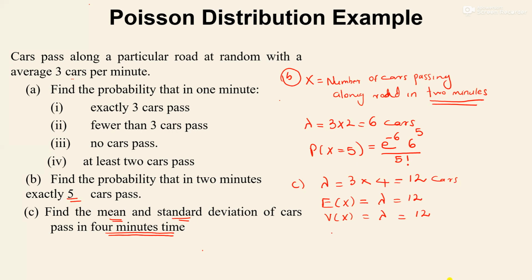So now you have to get the standard deviation. That is the square root of variance of X, which is equal to square root of 12, right?